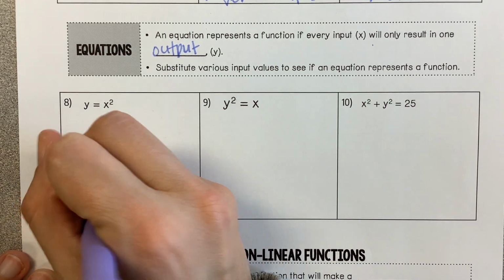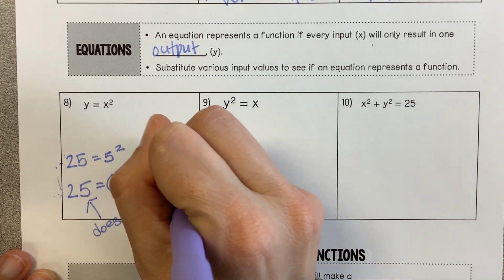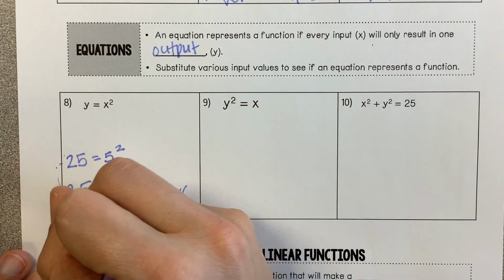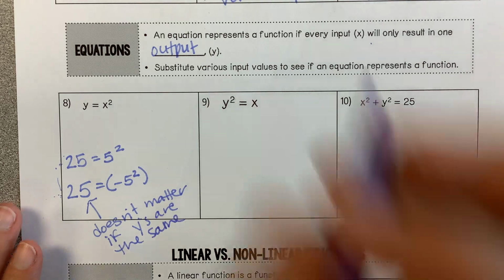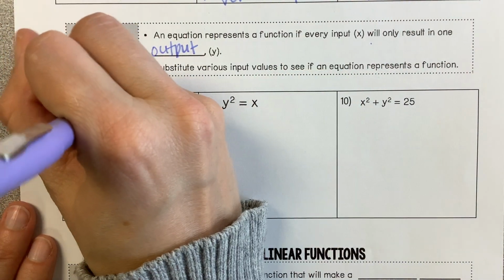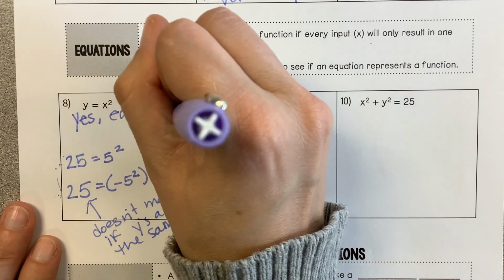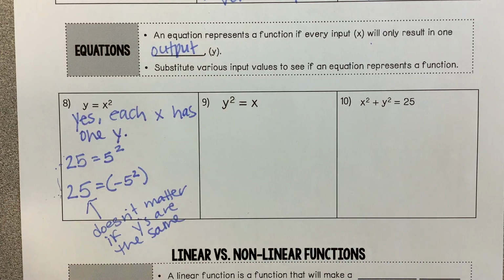It doesn't matter if y's are the same. So yes, each x has one y. We're not going to have an x value of 5 and we plug that in and we're going to get two different answers. Not possible.